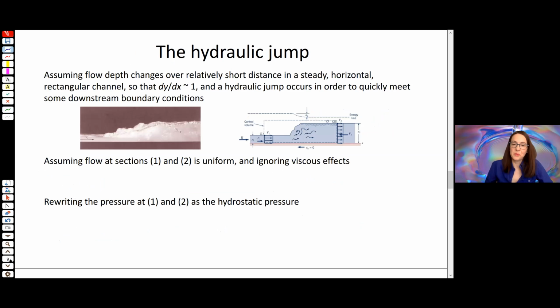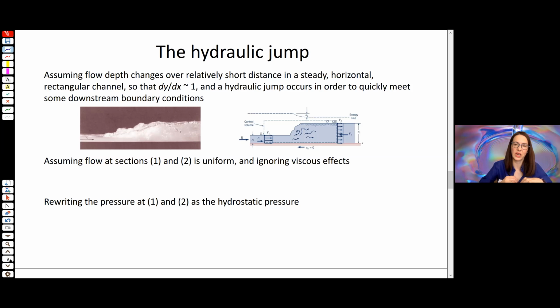A hydraulic jump is what happens when you have a flow and suddenly there's an almost discontinuous, almost step function change in the depth of the flow. It increases very drastically in height over a very short extent in the flow direction.